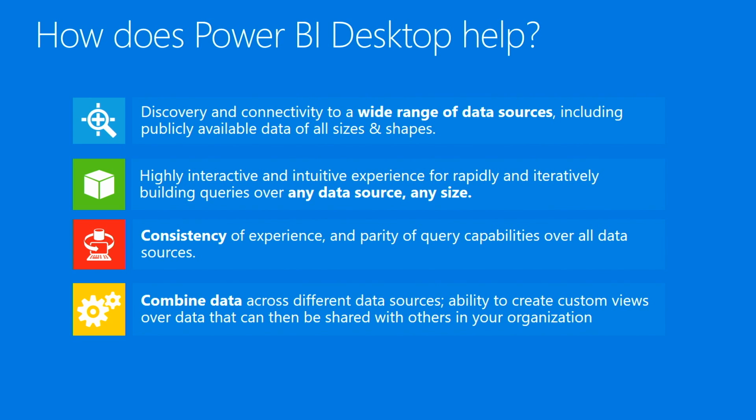the second bullet here is that you can actually connect to data of any size and any shape. This is a really important point and actually something that really distinguishes Power BI Desktop from many other solutions out there for self-service BI. It's the notion of being able to connect to your external data source and get a by-example preview of the data. That's giving you a few hundred rows. In some cases, it's up to 1,000 rows.